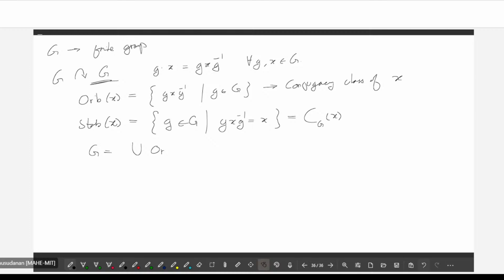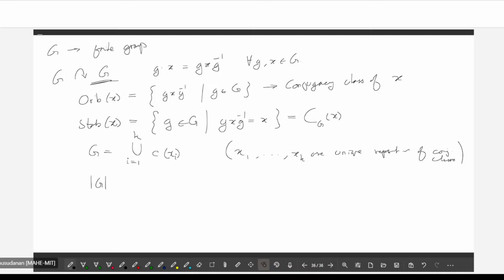Let x0, x1, and so on be unique representatives of all the conjugacy classes. G can be written as a union of conjugacy classes.